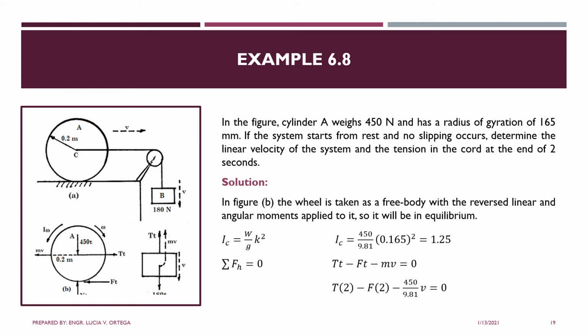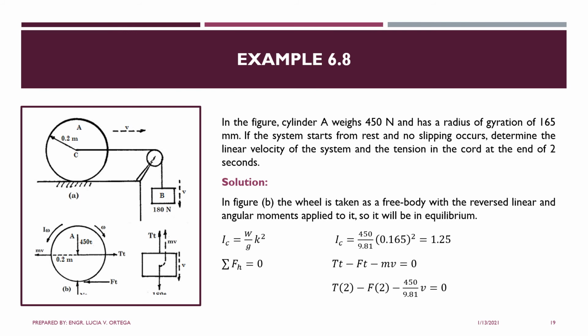In figure B, although this portion is cut, this is 450 times time. This is 180 times time. The wheel is taken as free body with the reverse linear and angular moments applied to it, so it will be in equilibrium.